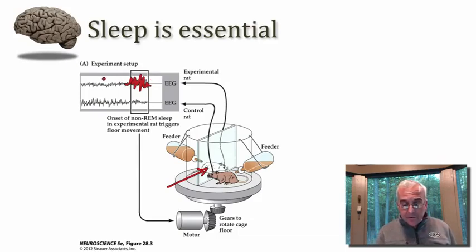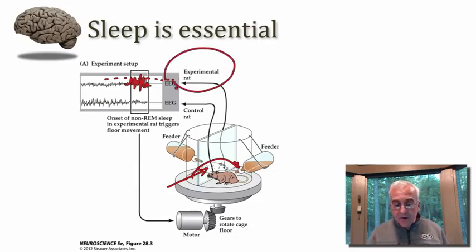Well, once these brain waves hit some trigger point, they turn on a motor that causes this stage to rotate. And so what this means is that this experimental animal basically is being agitated whenever it tries to fall asleep.